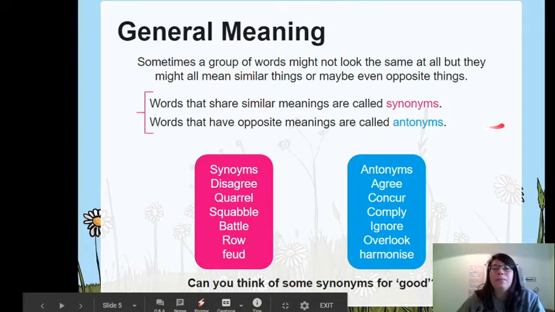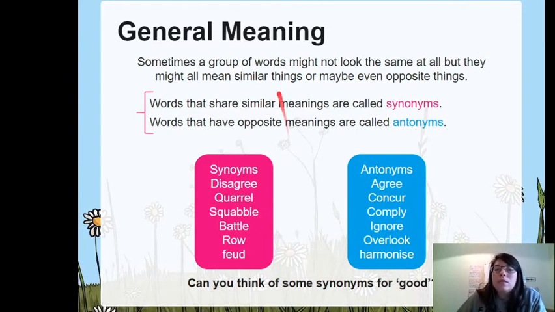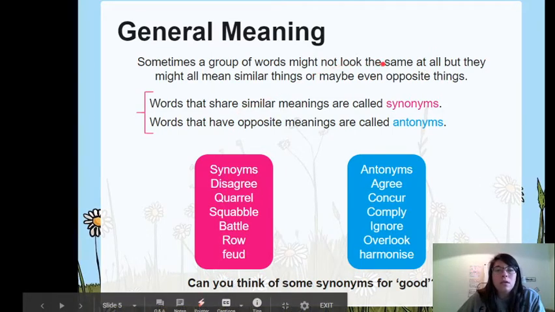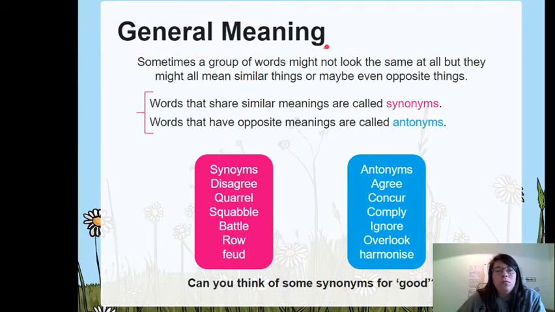So, for example, we have some words. Another thing that I want to tell you is that we have two things that we need to take care of. And it's related to their meanings, okay? Words that share similar meanings are called synonyms, and words that have opposite meanings are called antonyms. So let's look at these synonyms.